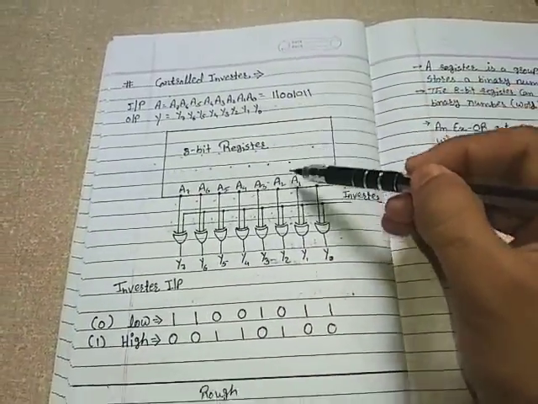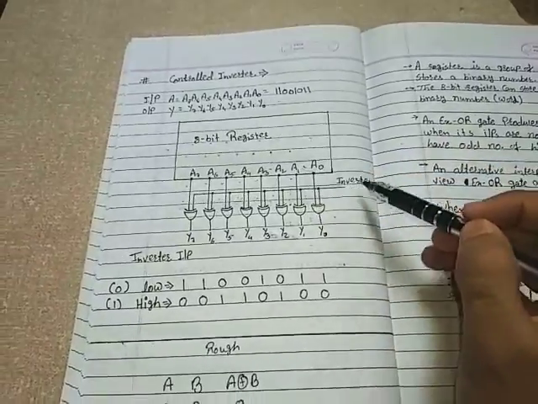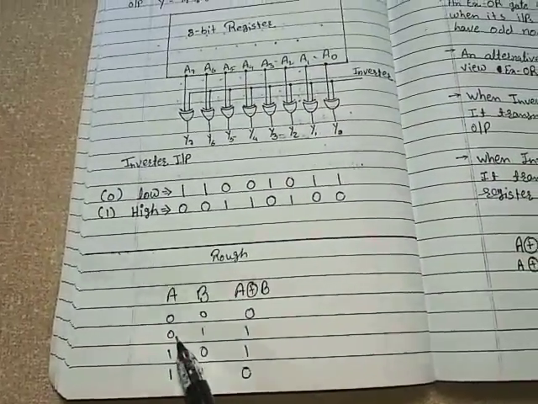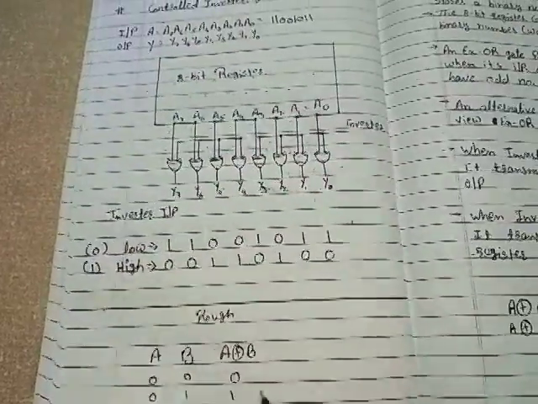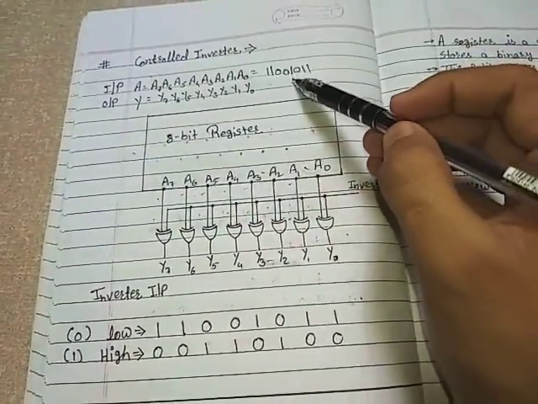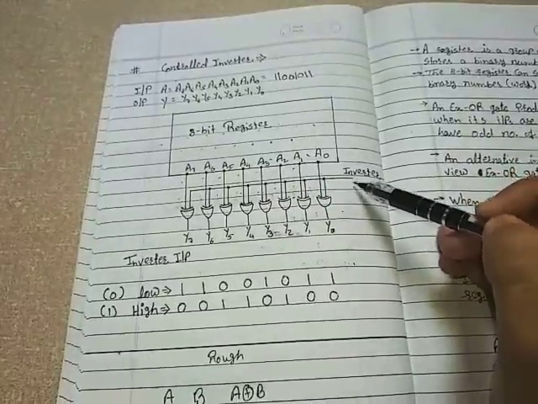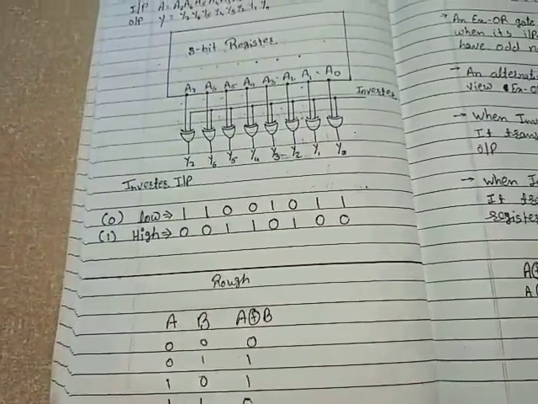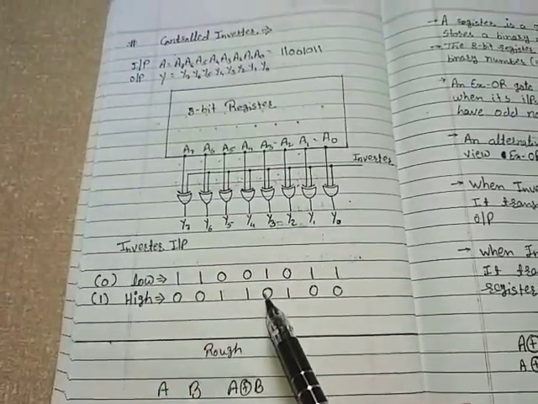Next is 0, which is A2. The inverter is 1, so 0 and 1 will give me 1. Then next is 1, the inverter is 1, 1 and 1 gives 0.